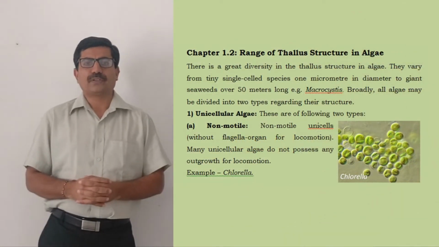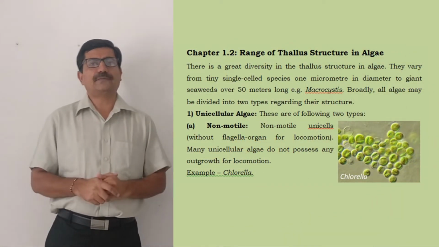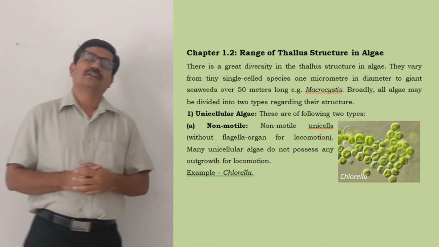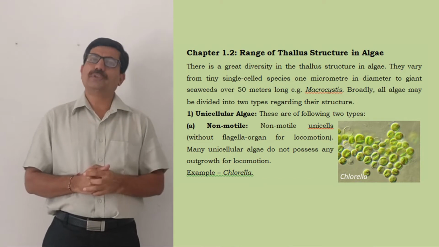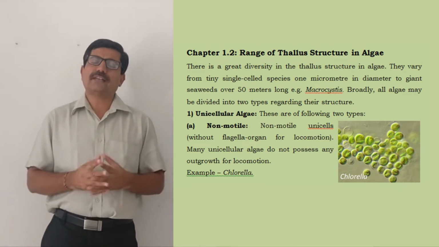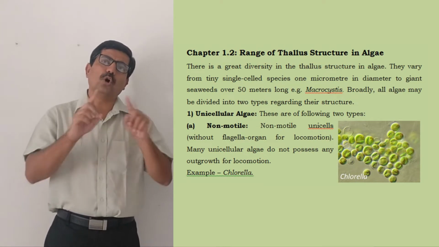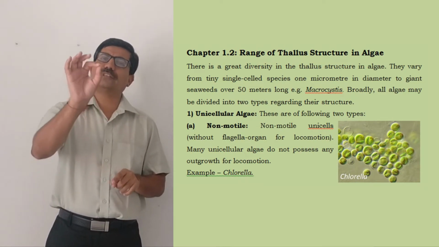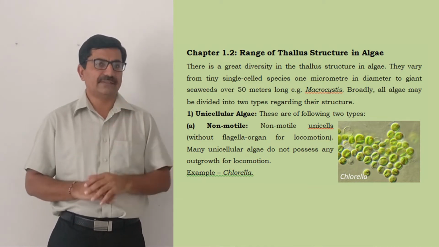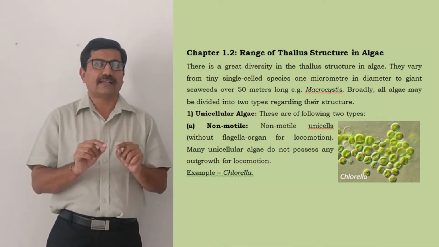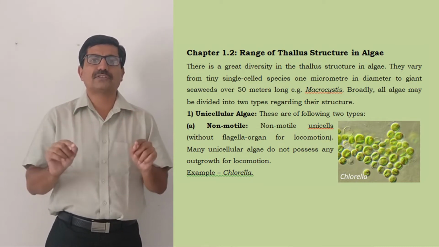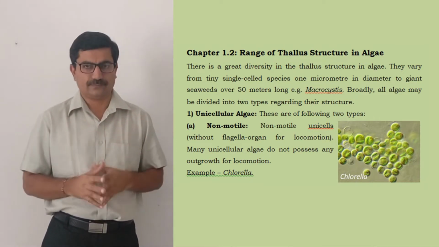Okay, so we start the different types of thallus. First, we discuss unicellular and non-motile. Unicellular and non-motile means the whole plant body is just a single cell, and non-motile means this single cell does not develop any flagellar structure for locomotion.